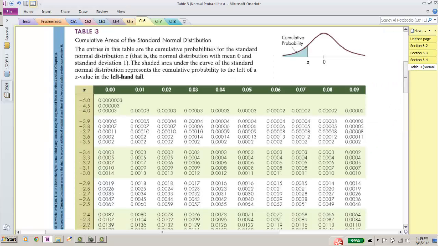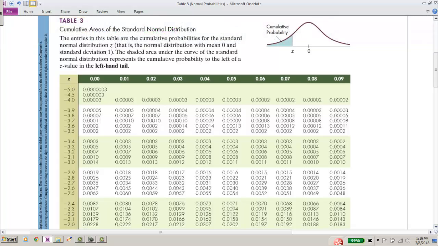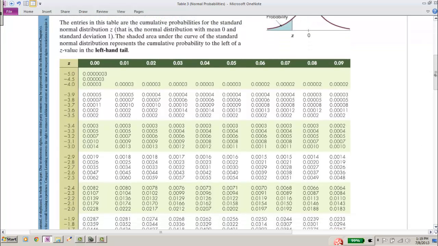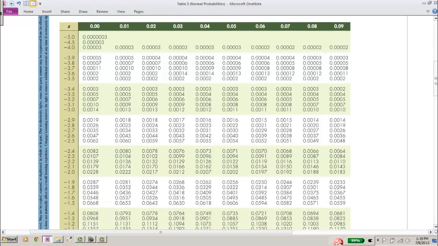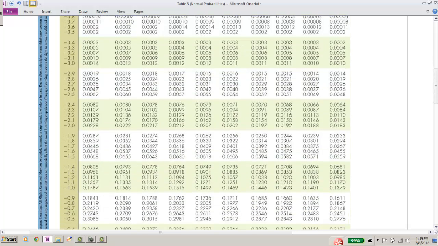So negative 0.63, here's the negative 0.6 row and the 0.3 column. Well, let's see, this is negative 0.60, negative 0.61, negative 0.62. Here's negative 0.63 right here.